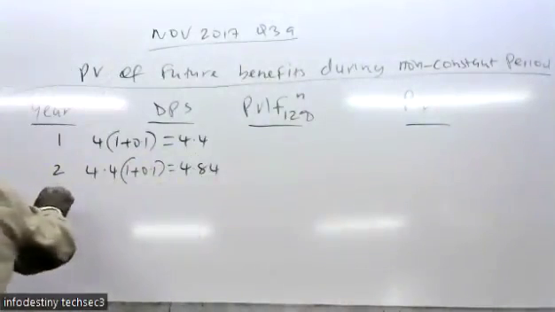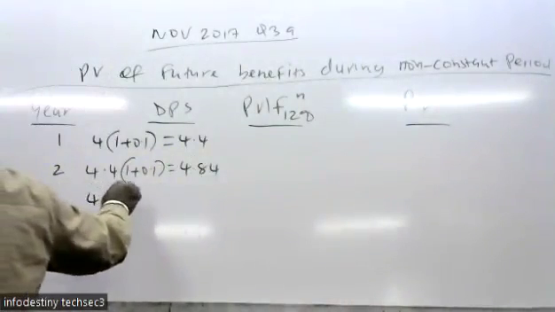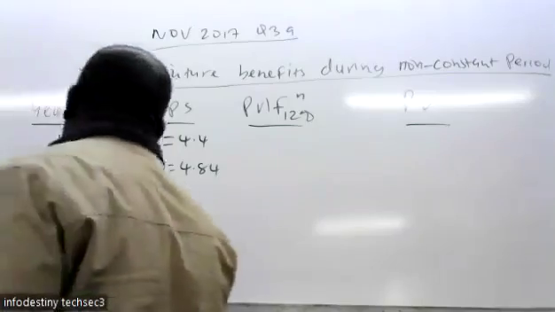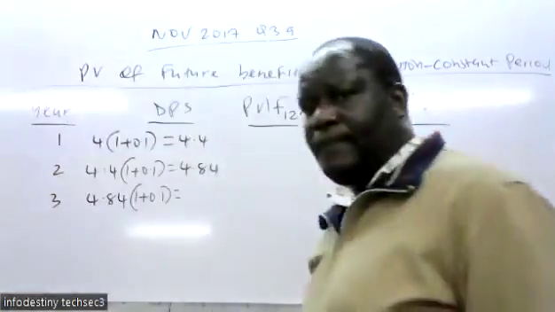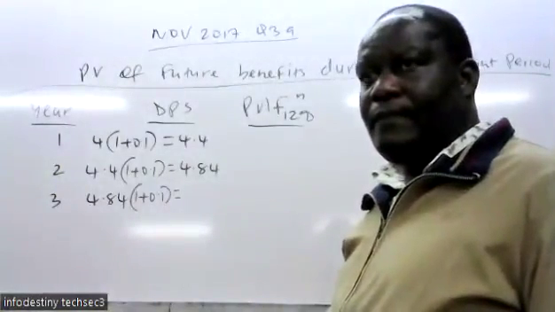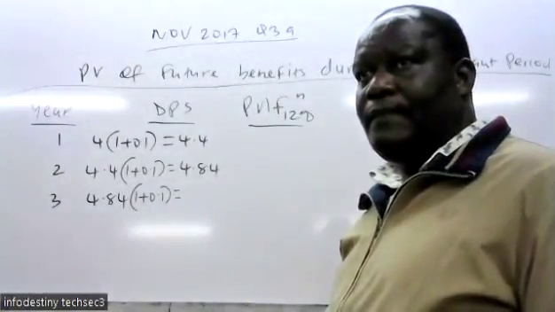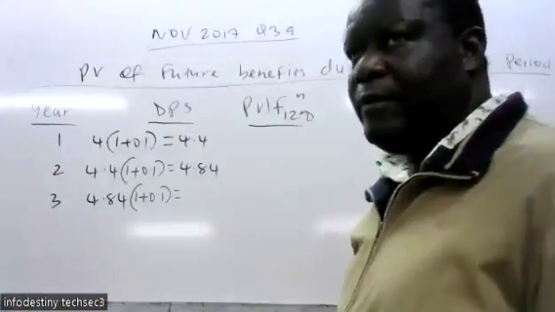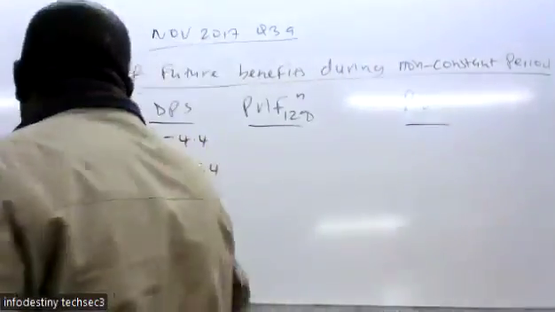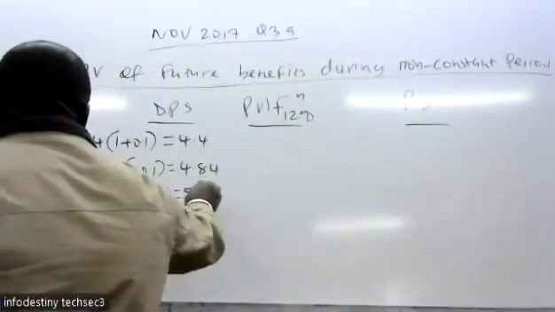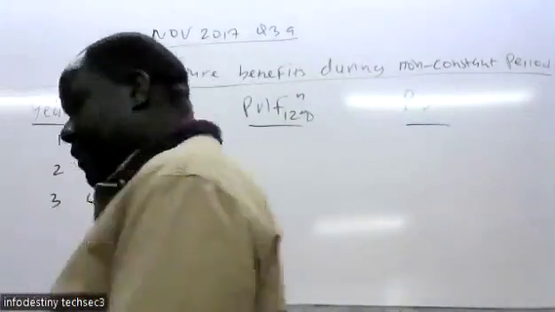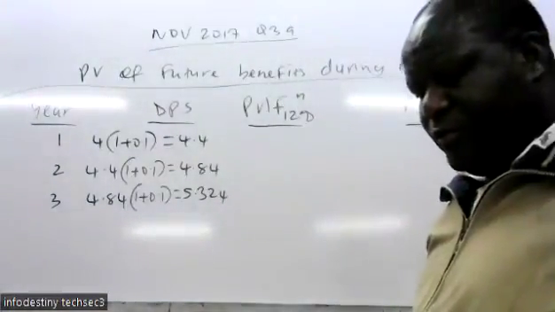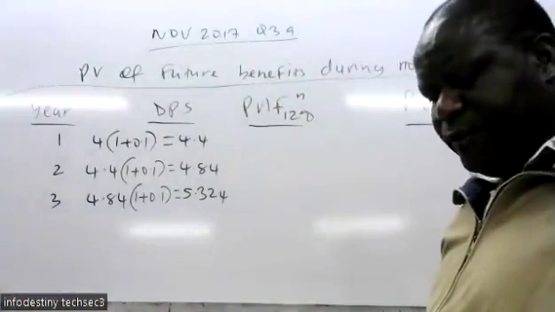We go to year three, 4.84, and we also increase it by 10%, which gives 5.324.